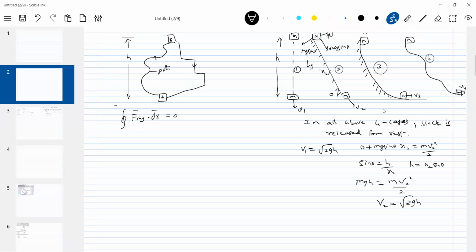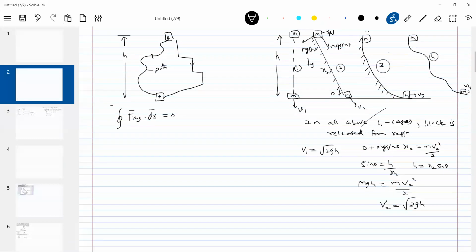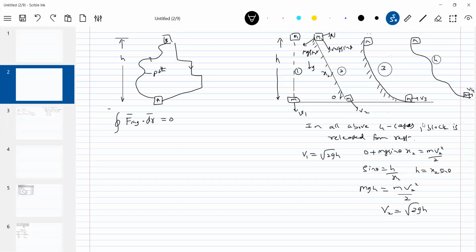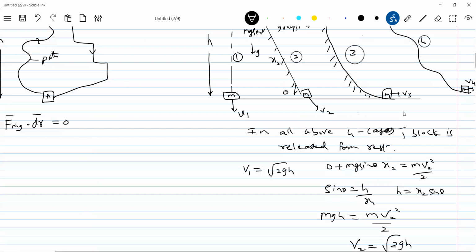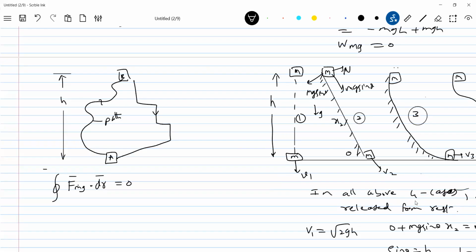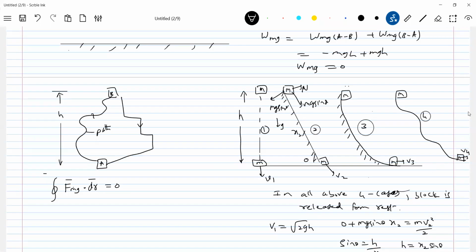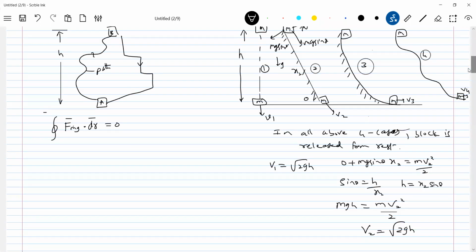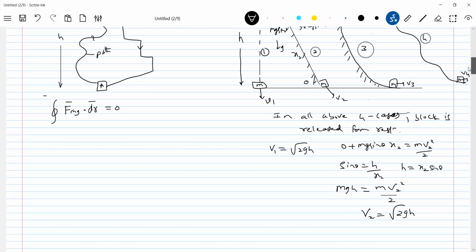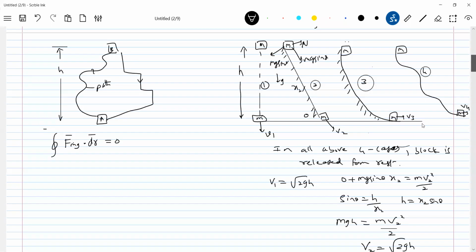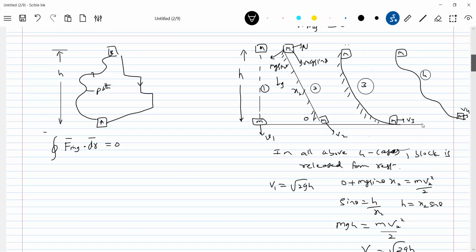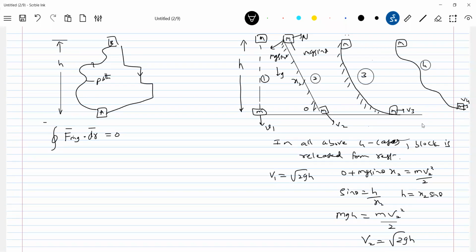When I calculate the work done, it is done by only that component, so I got the same speed. Similarly, here also, if I write the equation and solve it, I'll get it.